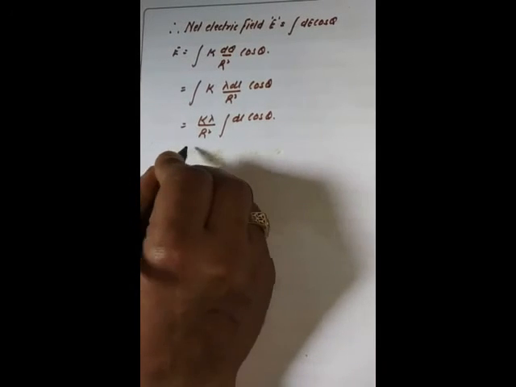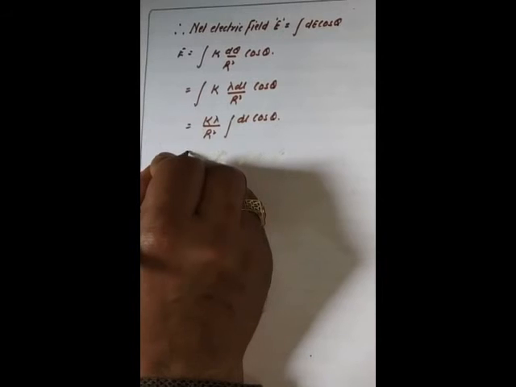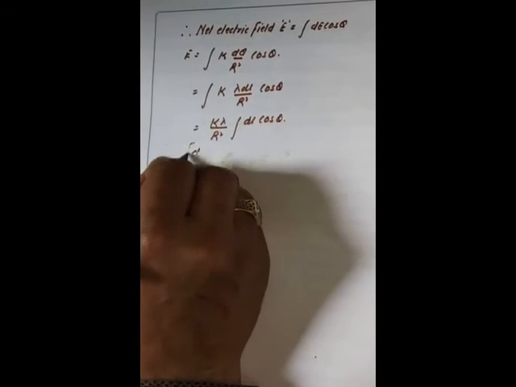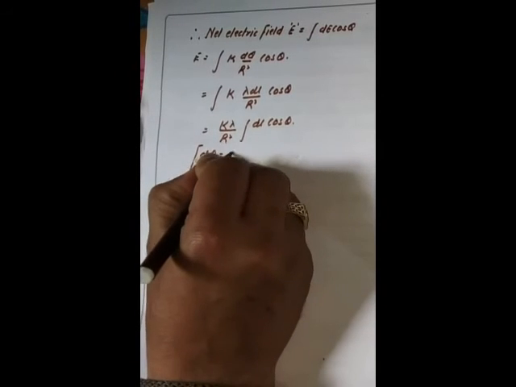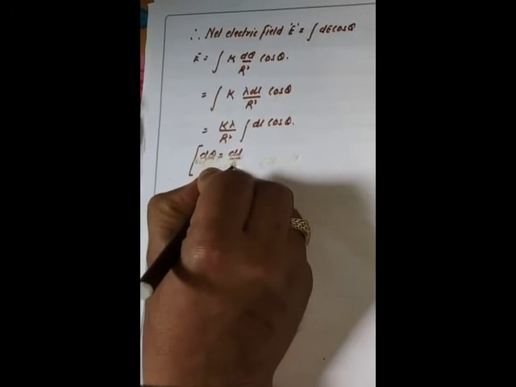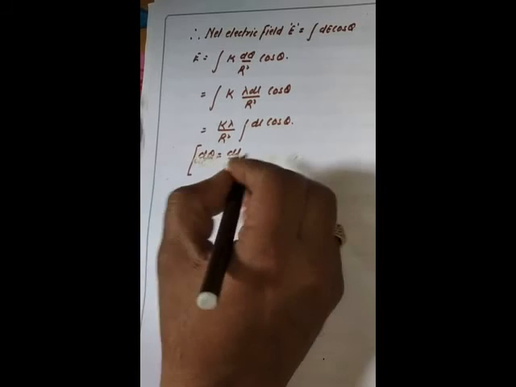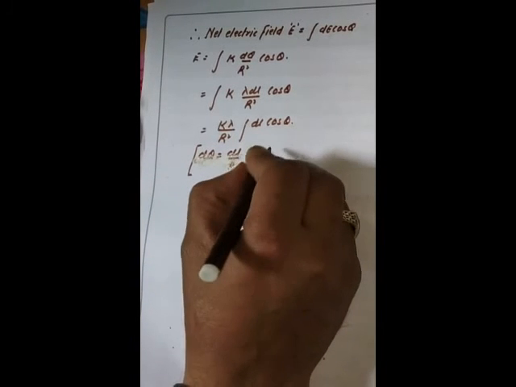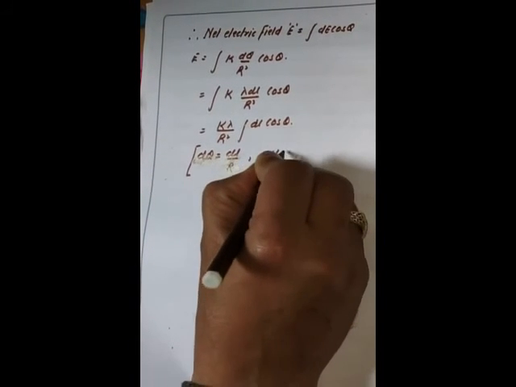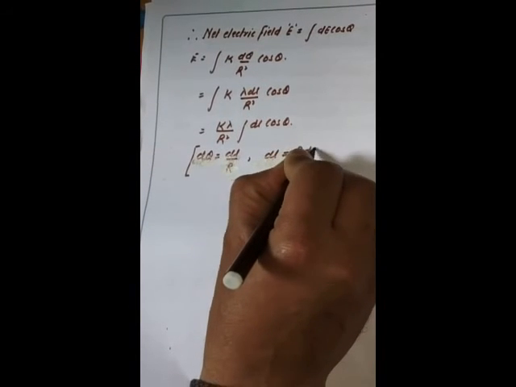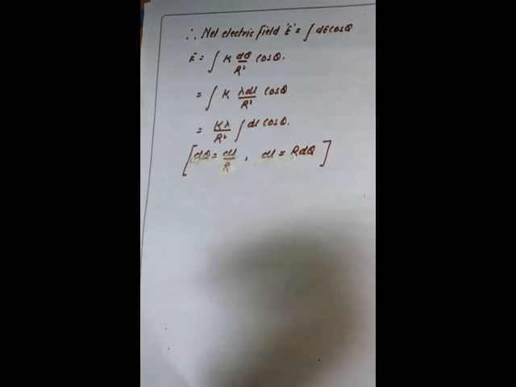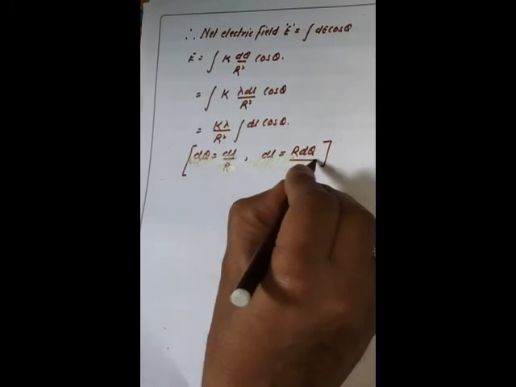So d theta equals dl upon r. Okay, so here we can write dl equals r d theta. In place of dl we can write r d theta.